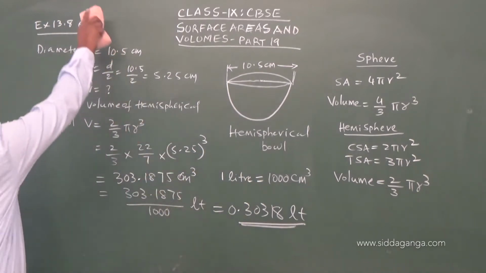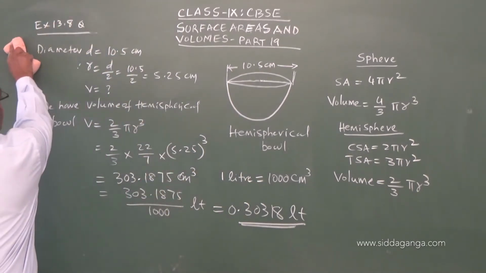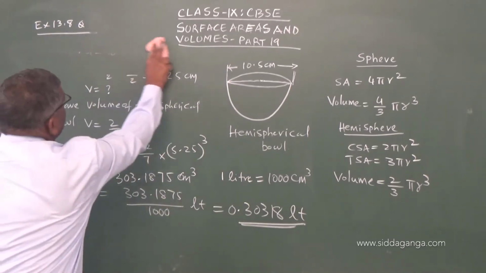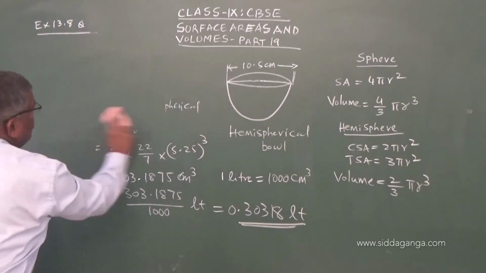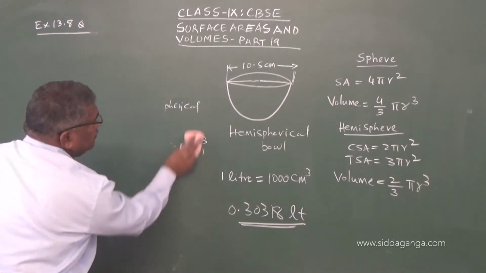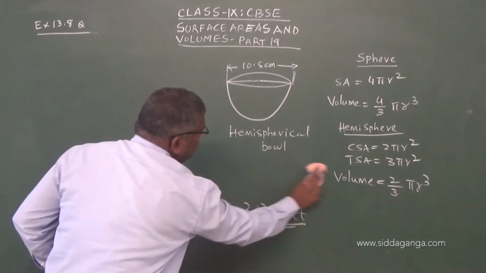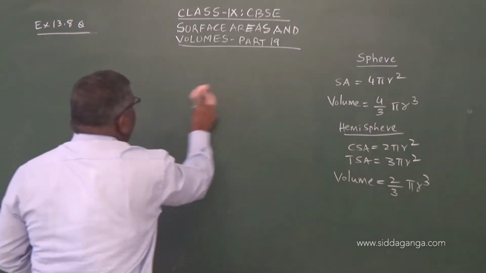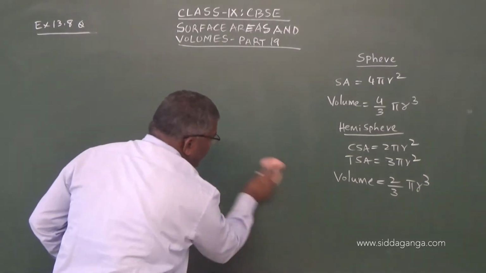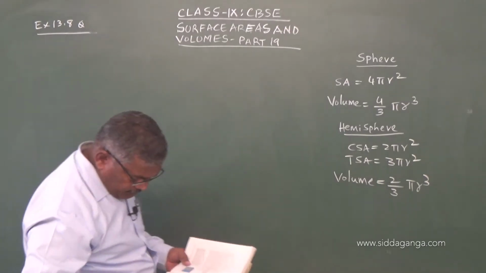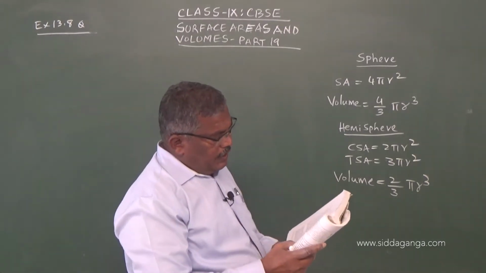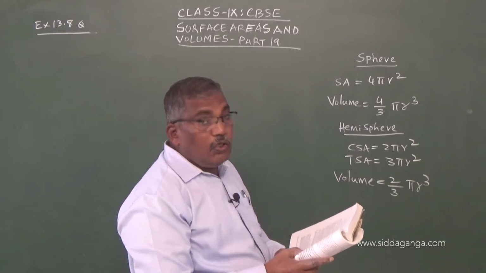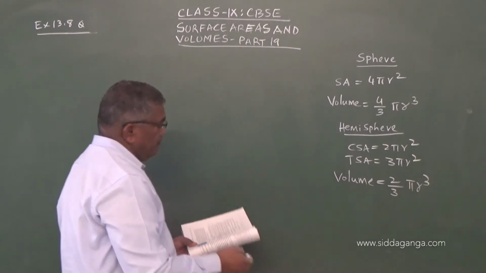Now I will move on to question 6. Please note down this. Question 6. A hemispherical tank is made up of an iron sheet 1 centimeter thick.